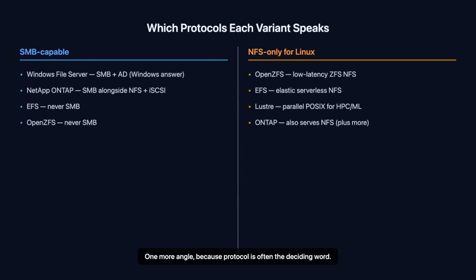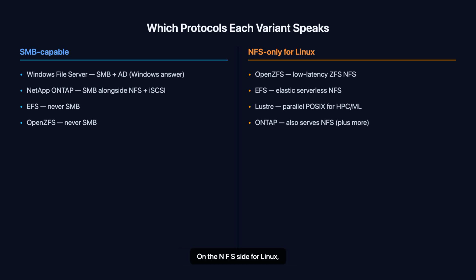One more angle, because protocol is often the deciding word. Only two services speak SMB: FSx for Windows File Server, which is your Windows answer, and FSx for NetApp ONTAP, which offers SMB alongside NFS and iSCSI. EFS and OpenZFS never do SMB.